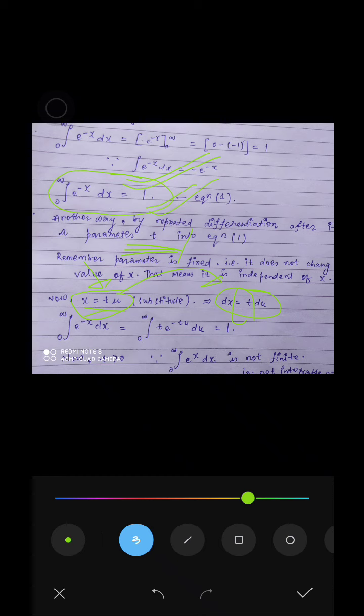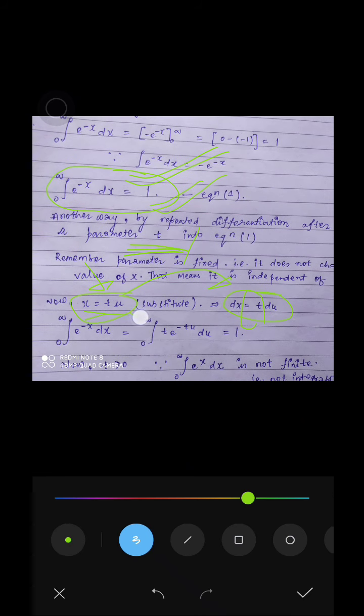Also you might be thinking, if t is constant with respect to x, then which is going to define x as a variable? x is going to vary according to u, as u is also a variable over here. So after substituting x is equal to t u in this equation we get our equation as follows.